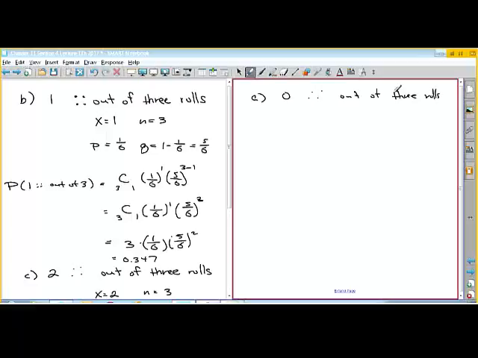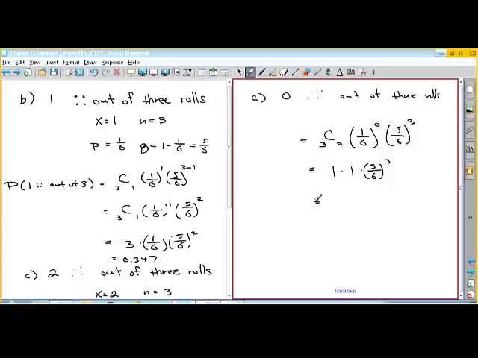Okay, so 0 out of 3 rolls. You would take 3 things 0 at a time. The probability of success is 1/6. You raise that to the 0 power, and you take 5/6 raised to the 3rd power. And anything taken 0 at a time is 1, and any number raised to the 0 power is 1. So we just end up with 5/6 to the 3rd power.